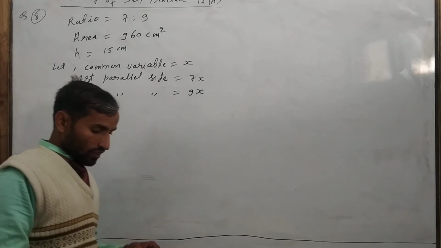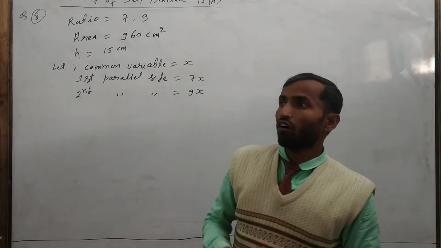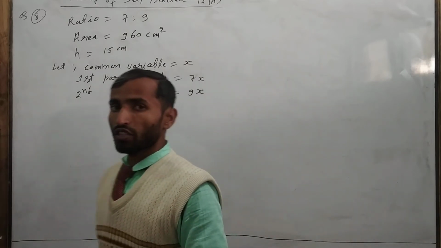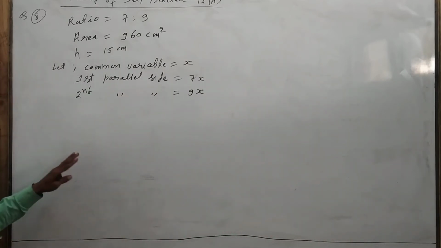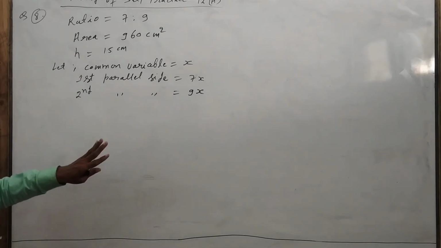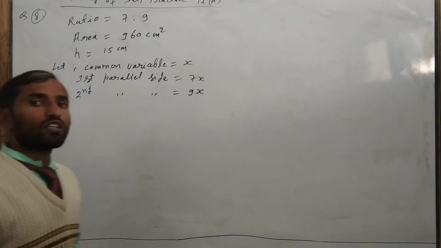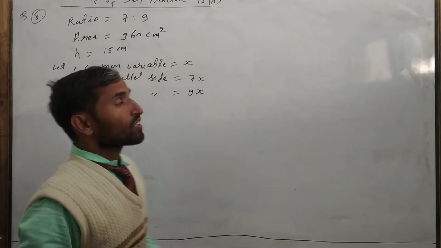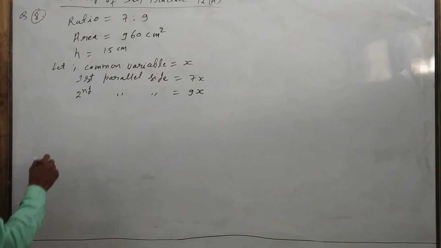Just see, in this exercise, in each question till now we are using the same formula, only the area of a trapezium, because this exercise is based only on the area of trapeziums. So just learn that formula.